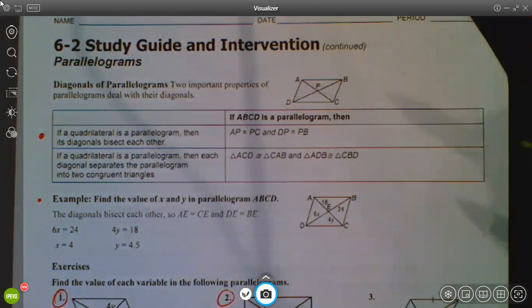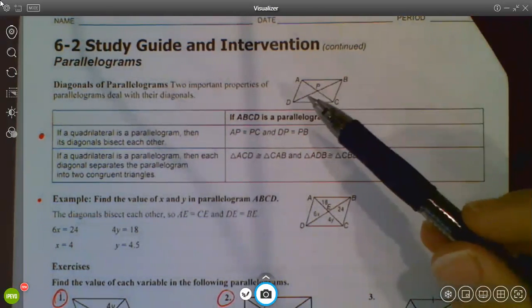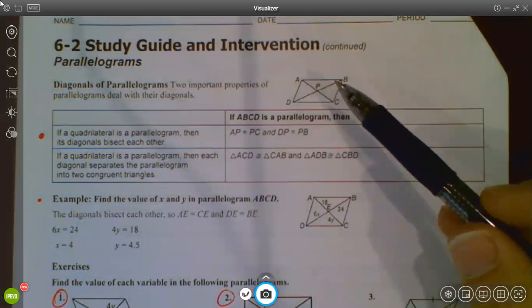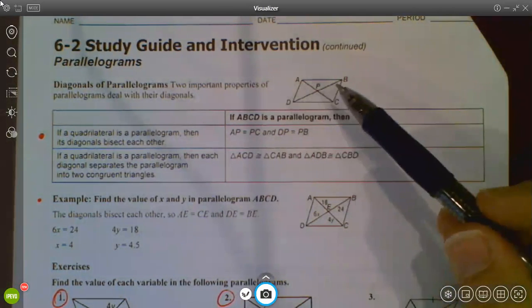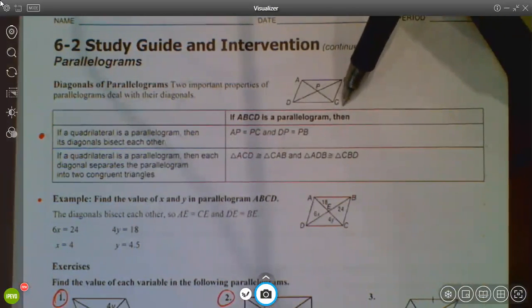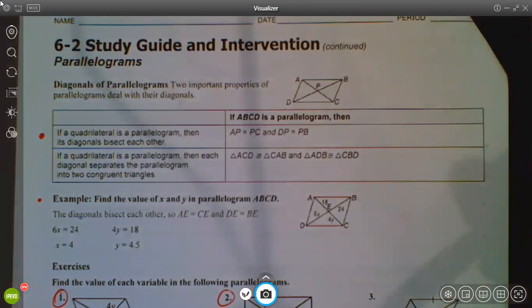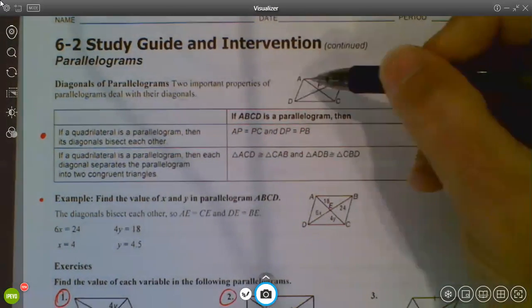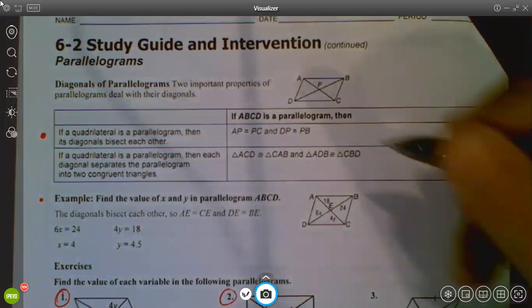So the other rule I want you to know about is, you guys see the diagonals? So like DB is a diagonal and AC is a diagonal. So when you draw in the two diagonals of a parallelogram, they bisect each other. So you guys remember bisect means they cut each other in half. So when these diagonals both got drawn in, AC was cut in half.